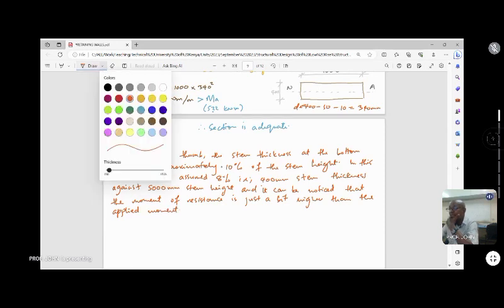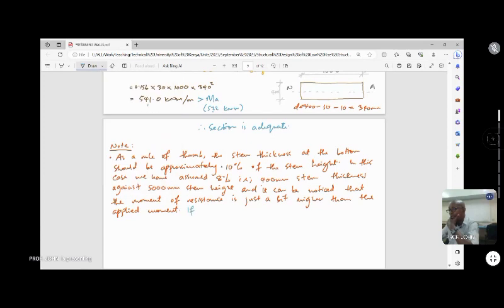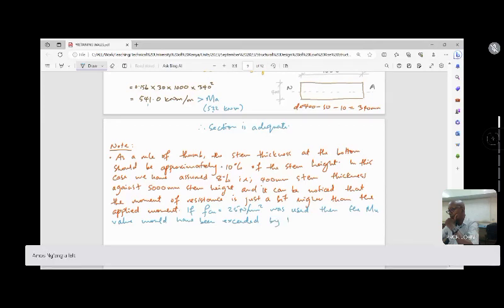If class 25, if FCU 25 newtons per millimeter squared was used, then the MU value would have been exceeded. The MA value.